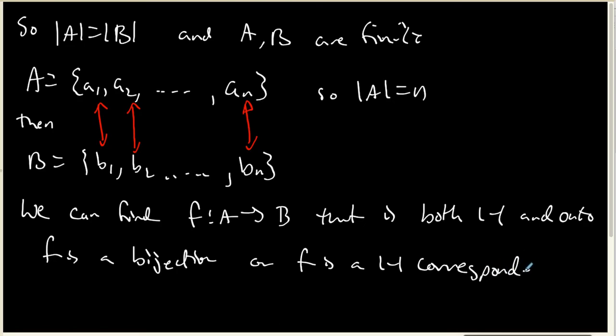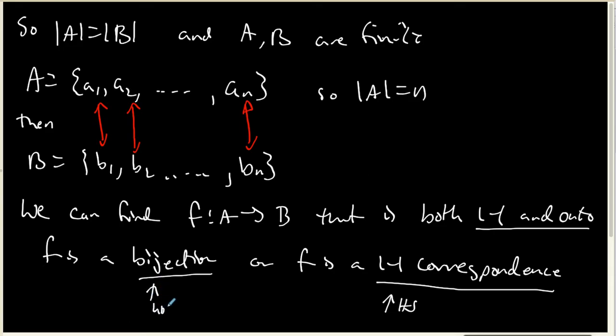These phrases, one-to-one and onto, one-to-one correspondence, and bijection all mean exactly the same thing, and it's just a matter of what kind of setting you're in to pick the vocabulary. Like I said, this is typically used in high school. This is used in upper division math classes, and both of them mean this. So that's basically the definition of these two ideas.